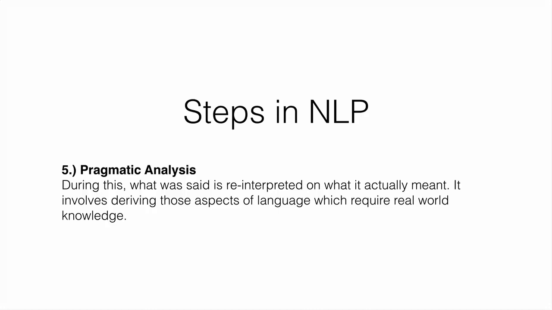It involves deriving those aspects of language which require real-world knowledge. Right here, we're back to semantics, of course, but we're bringing in this dictionary of various words, the definition of various words, how they would be used, along with the rules that are involved in the parsing of the sentence, and it builds up this bigger context. So basically we have the sentence structure is valid. That's good.